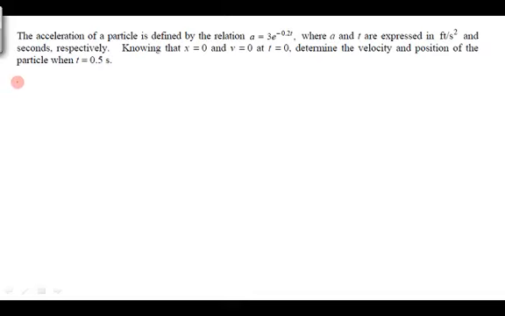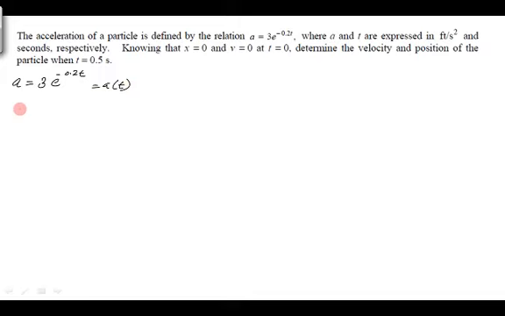So we are given acceleration a as a function of time, a = 3 into e to the power minus 0.2t.